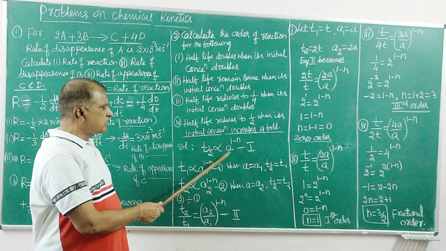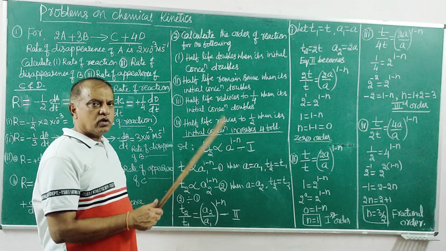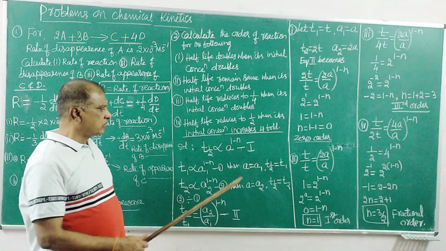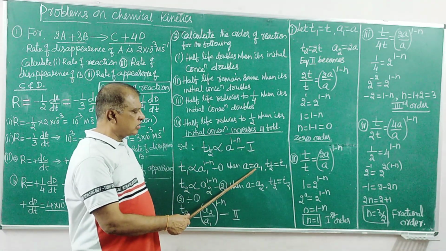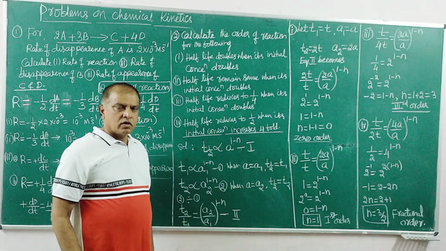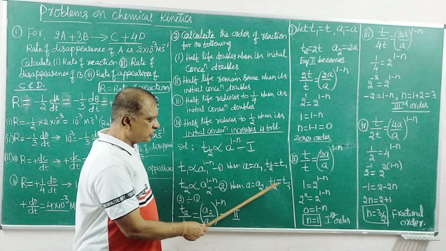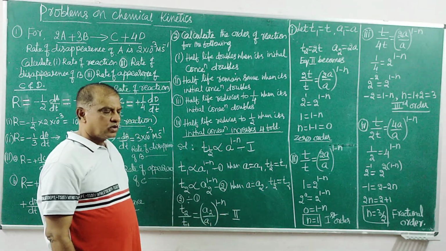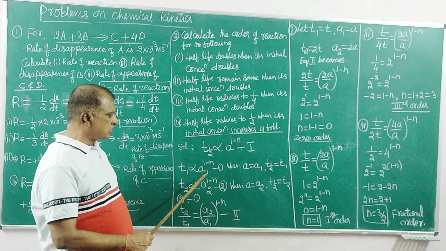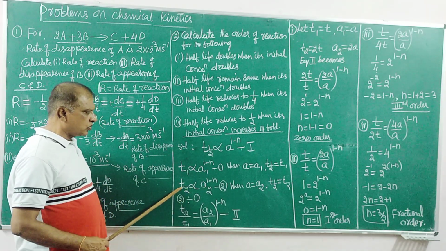So let us write this for any two values. For any two initial concentrations, when A equals A1, its half-life equals T1. When A equals A2, its half-life equals T2. Then take the equation for A1, T1, A2, T2.